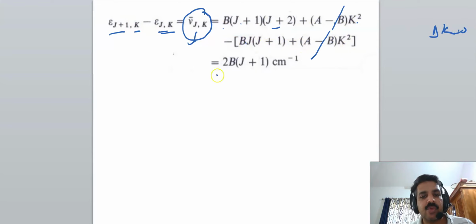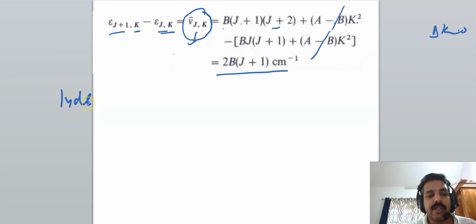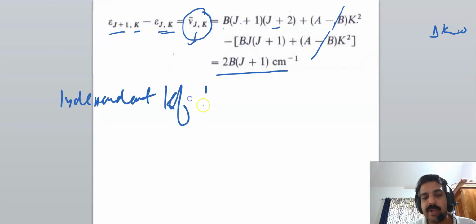That is cancelled, and we get 2B into J plus 1, the same as that of a diatomic rotator. In this case we derived that the spectrum is independent of K.